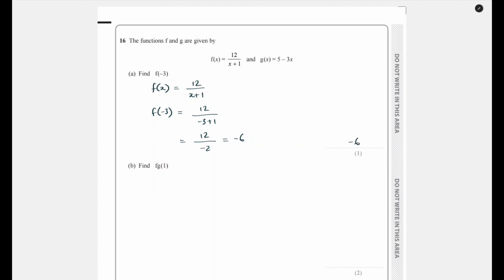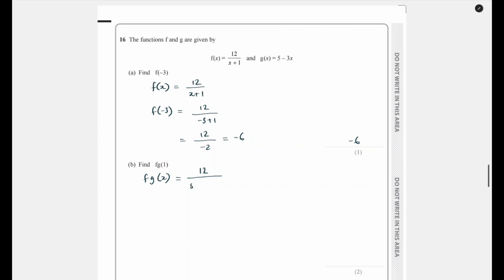Part B says find f of g of 1. So the first thing that we need to do is figure out what our function f of g of x is. What we need to do is put g of x into f of x wherever we find an x. So we're going to rewrite the function f of x as 12 over, now we have an x here, so we're going to replace that with the entirety of g of x, so 5 minus 3x.